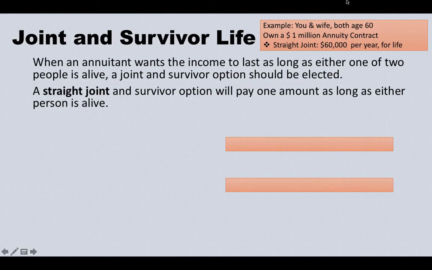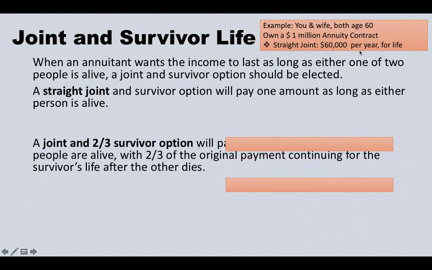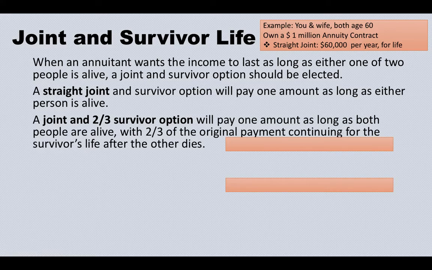You can see the insurance company only wants to pay you $60,000, rather than the $100,000 of straight life. So that's straight joint. The $60,000 is for the rest of your two lives. This amount is fixed, no change.